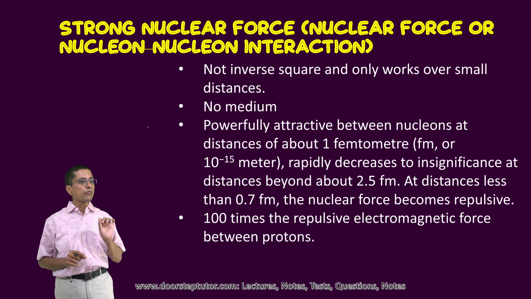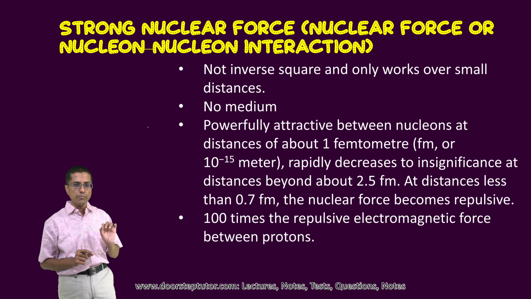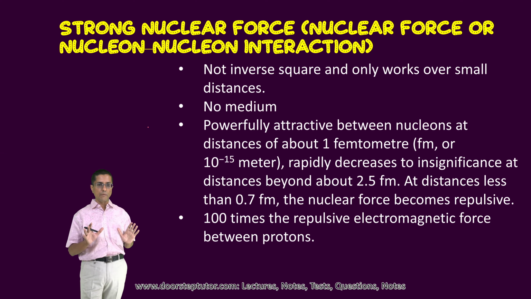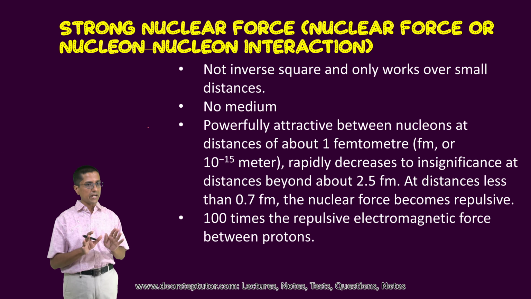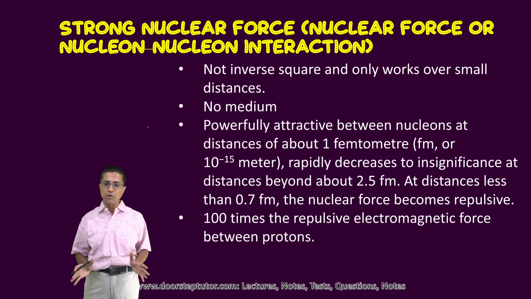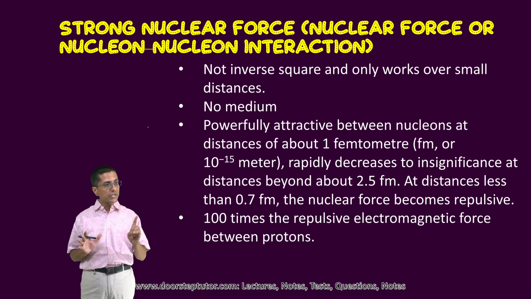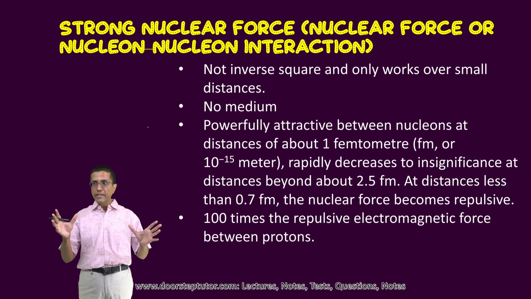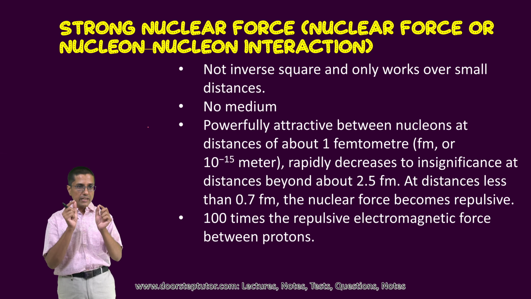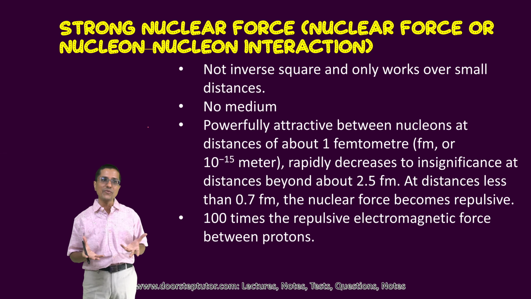For a distance of about 1 femtometer, which means 10 to the power minus 15 meters, it is very, very attractive. So it is strong, much stronger than our electrostatic repulsion, and that is what keeps the nucleus together, right? The strong nuclear force is strong, that's why it's called strong.